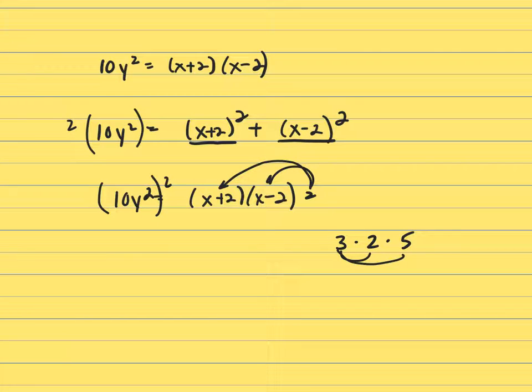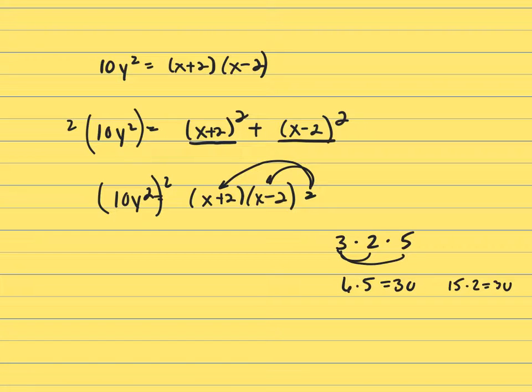Or do you say 3 times 2 is 6 times 5, which is 30? Or you might say 3 times 5 is 15 times 2, which is still 30. You multiply every term, but not every factor. Factors are separated by multiplication, and you choose which one.